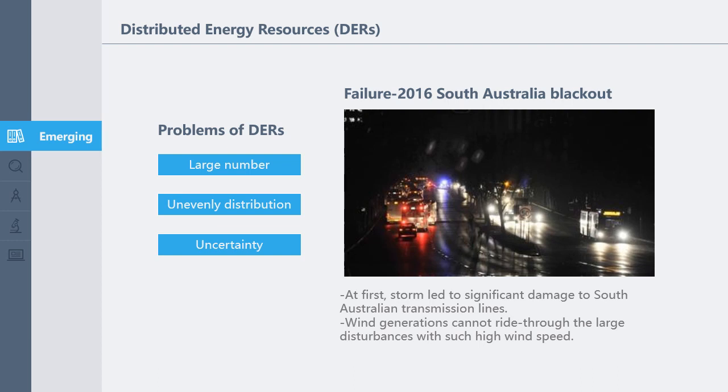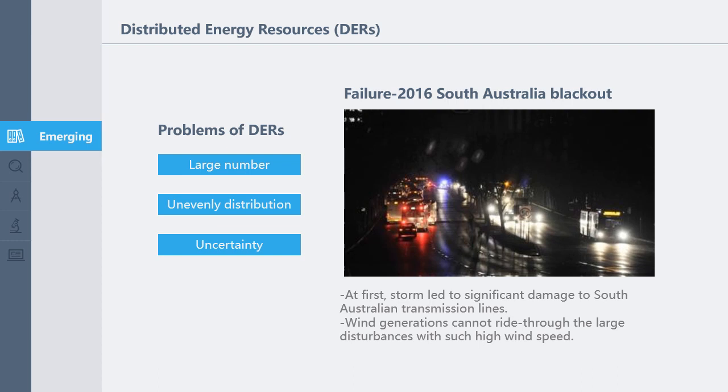However, in spite of the advantages of distributed energy resources mentioned, there are severe challenges for them to be directly integrated into the power system. The large number, uneven distribution, and uncertainty of distributed energy resources can make the operation of the power system difficult, and may also cause violation of regulations and damages.